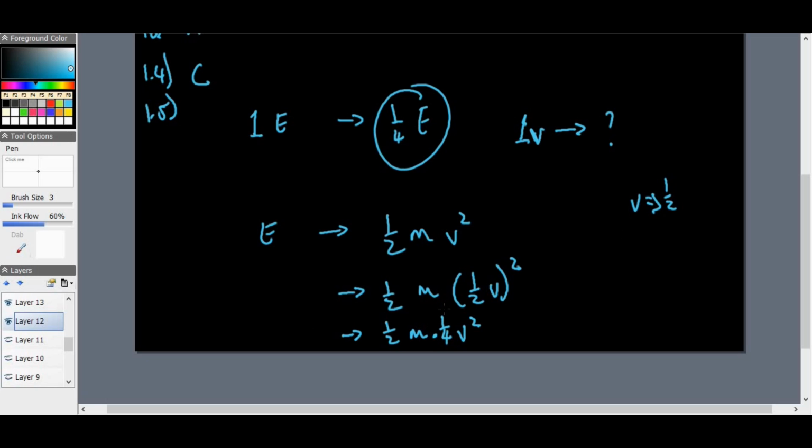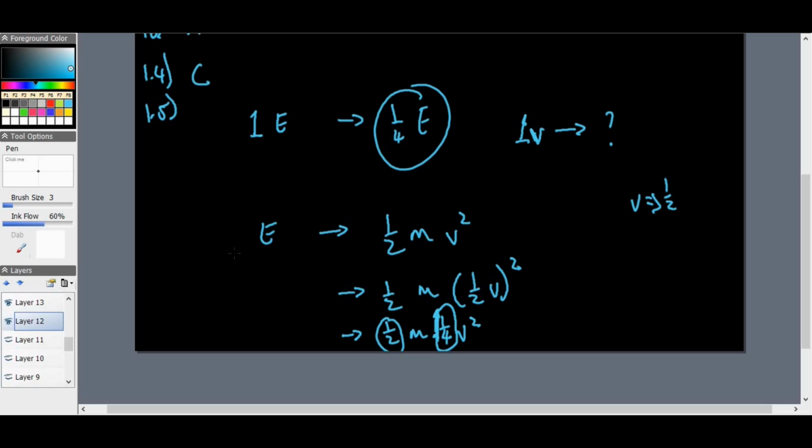It's definitely a half v, because I can see now that this quarter here is the answer that I'm looking for, because that becomes now a quarter v squared. You take that out, you leave the half here, that's a constant part of it, so that's not going to change anything. So that should just be a quarter v.